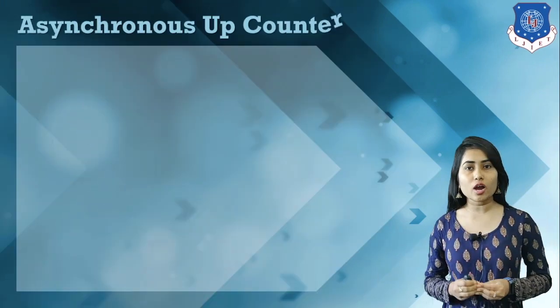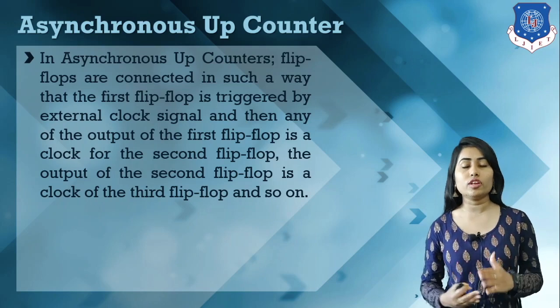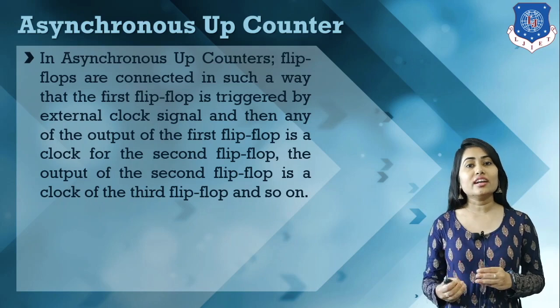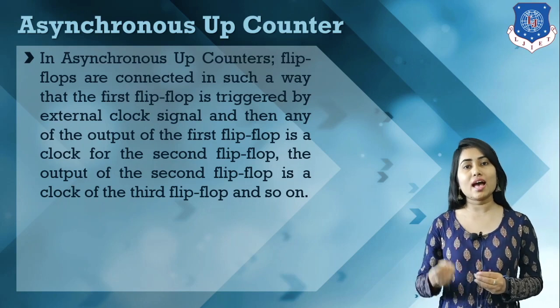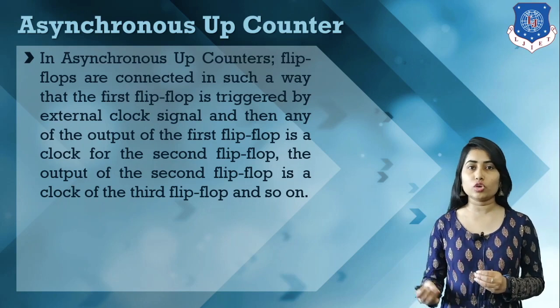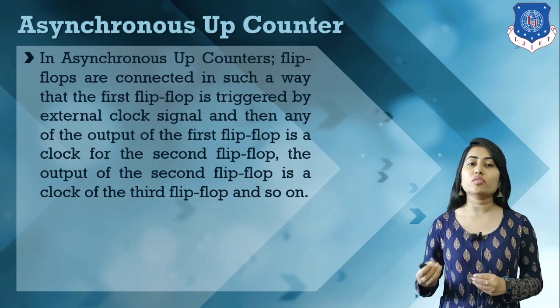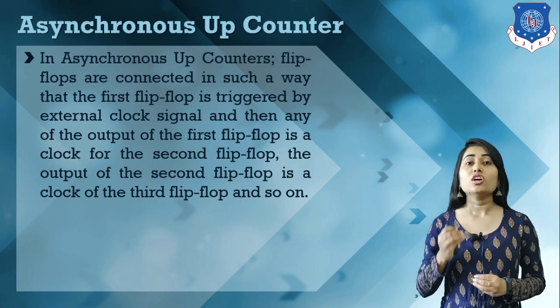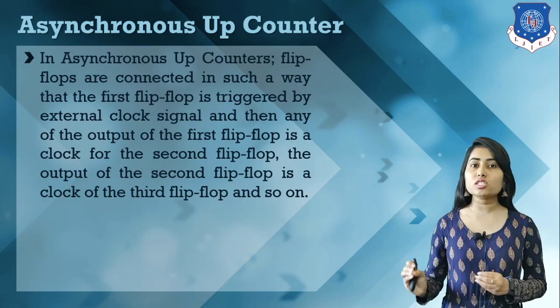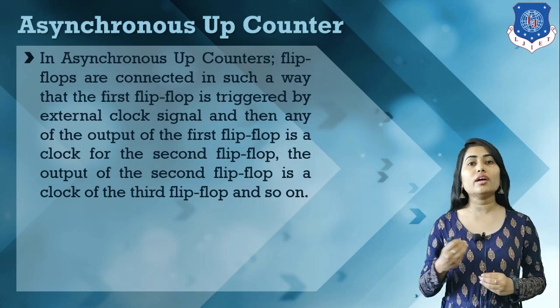In an asynchronous up counter, this group of flip-flops is connected in such a way that the first flip-flop has an external clock signal. To activate our sequential digital circuit we have to apply a clock signal, so the first flip-flop is triggered by the external clock.